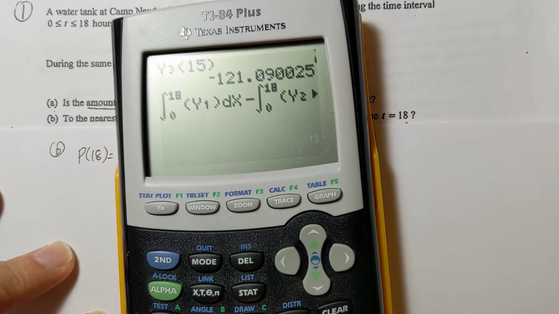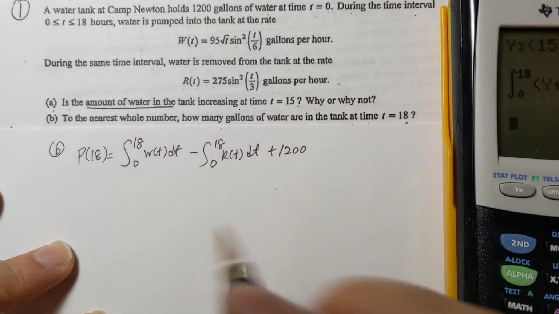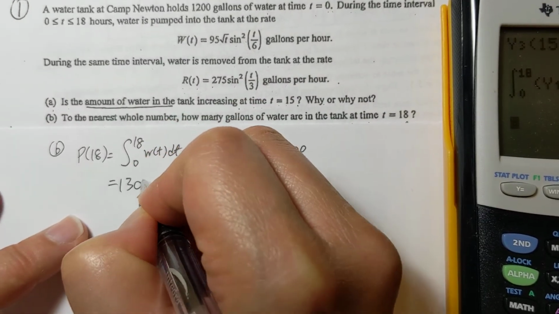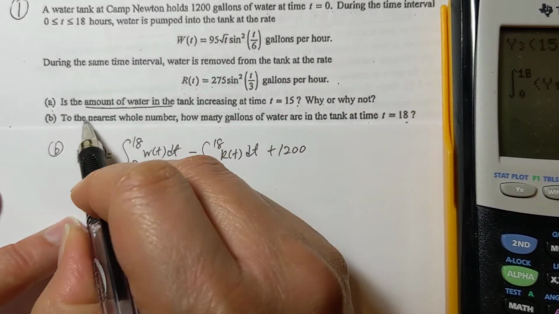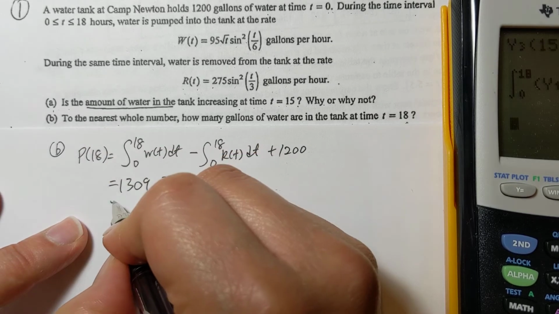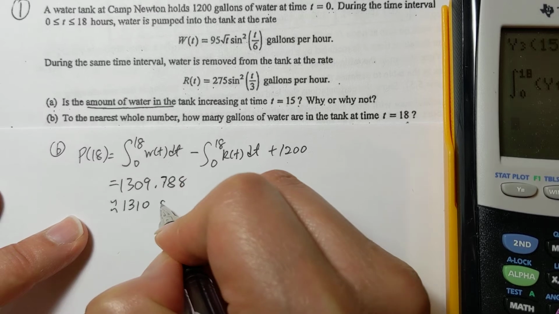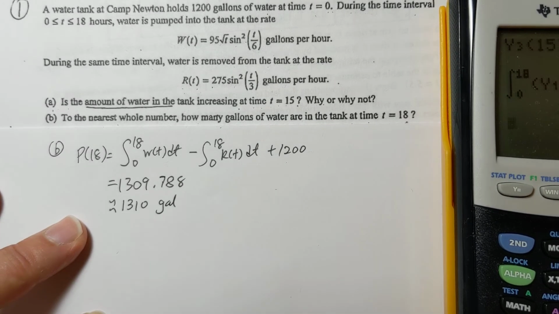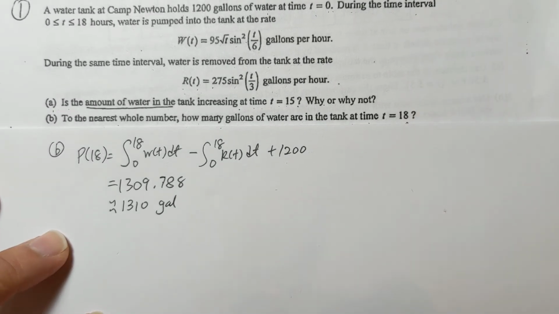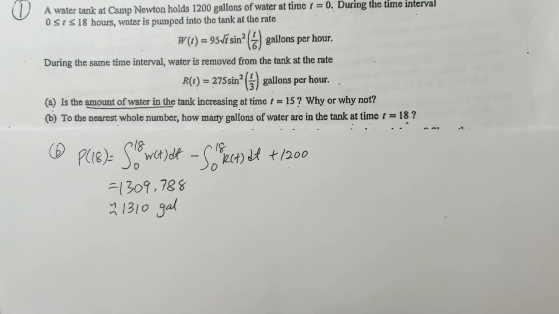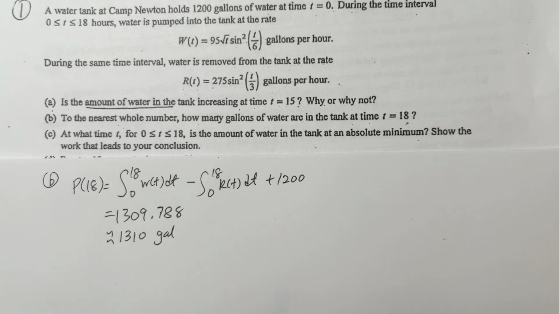So now we got 1309.788. In the beginning it says to the nearest whole number, so we round up and get 1310. So we have 1,310 gallons at P of 18. Let's take a look at part C.